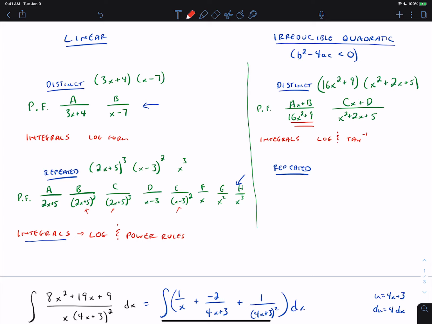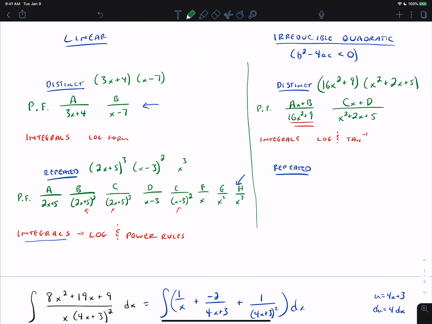If it's just b, if a is 0, you use only inverse tangent. If b is 0 and a is something else, then you use only log. You actually use log and inverse tangent on the second type of problem, but we'll talk more about that in the next video.